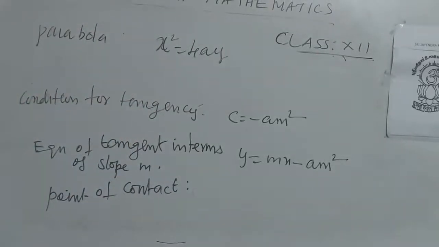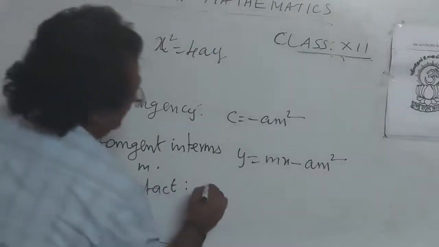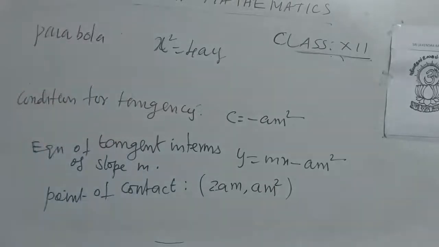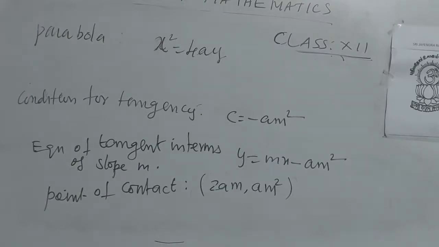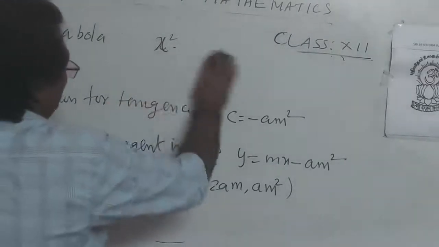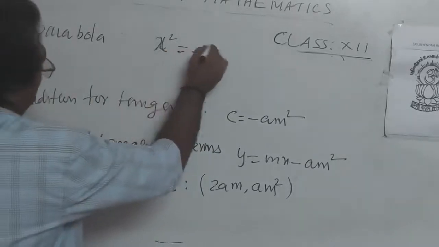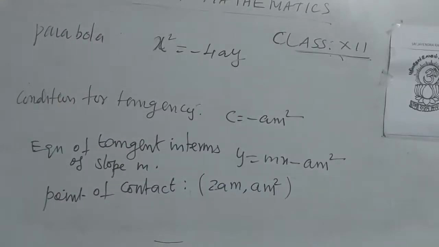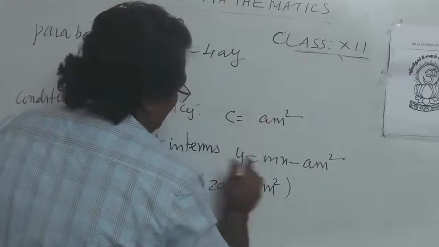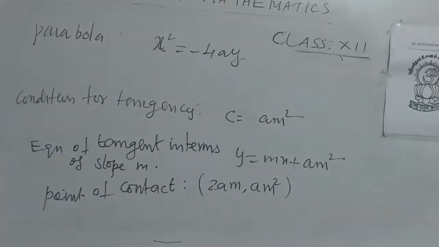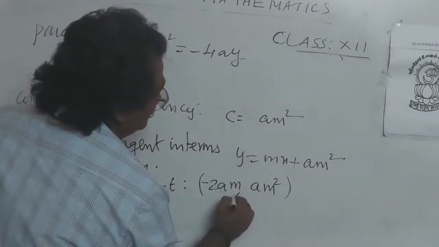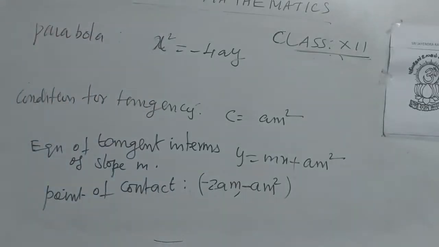The point of contact is 2am comma a m squared. Next, for x squared equal to minus 4ay, the condition is c equal to a m squared. So the tangent is y equal to mx plus a m squared, and the point of contact is minus 2am comma minus a m squared.